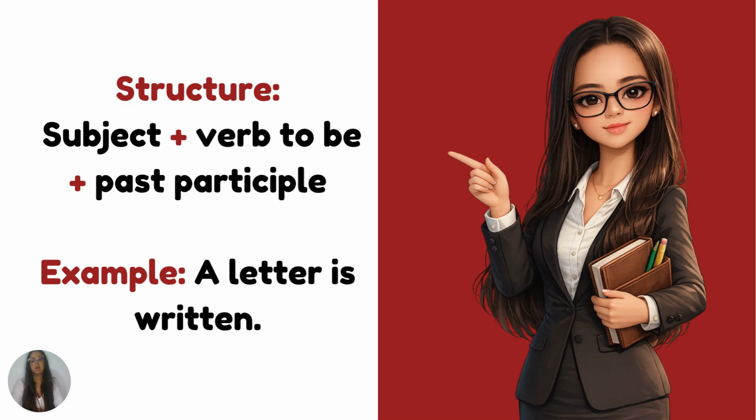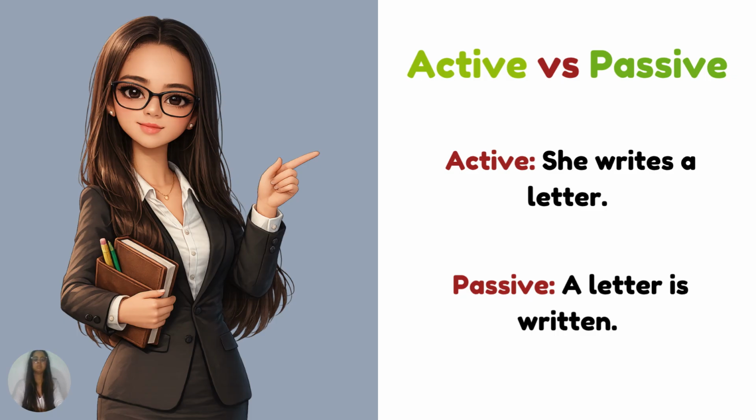For example, a letter is written. Now let's compare the active and passive voice. In the active voice, we say she writes a letter. Here, the subject she is important because she does the action.